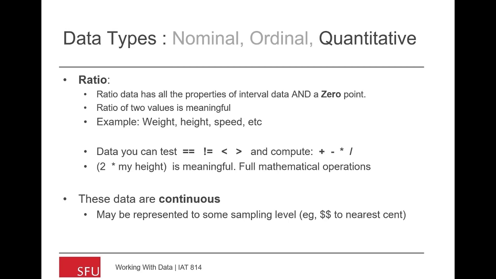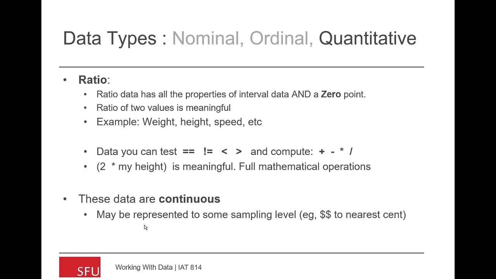Unlike all the previous types, these data are continuous, and that means you can do calculus on them if you wanted to. But more important for our discussion today is that that means that there's a range of mathematical things that you can do with ratio data, with real ratio-enabled quantitative data, that you can't do with interval data.